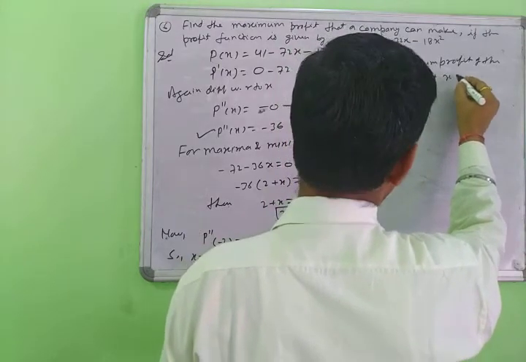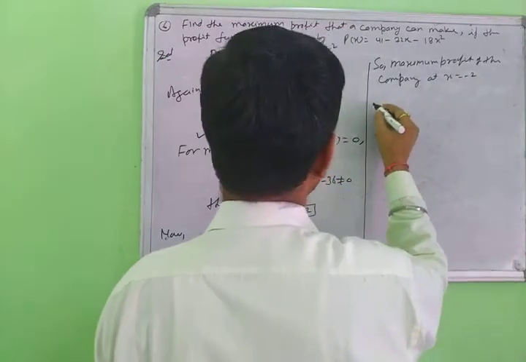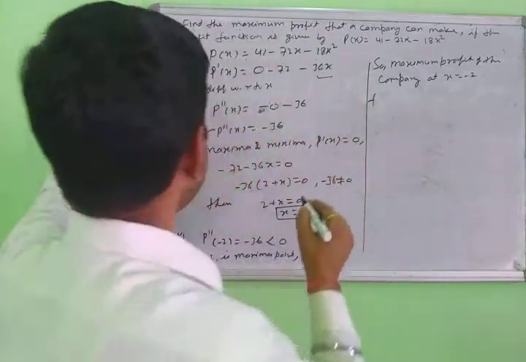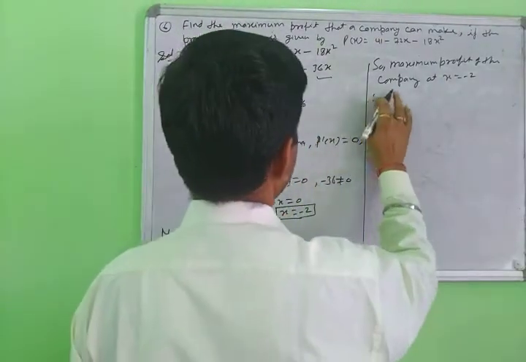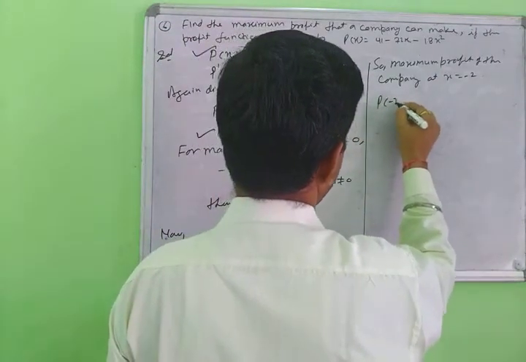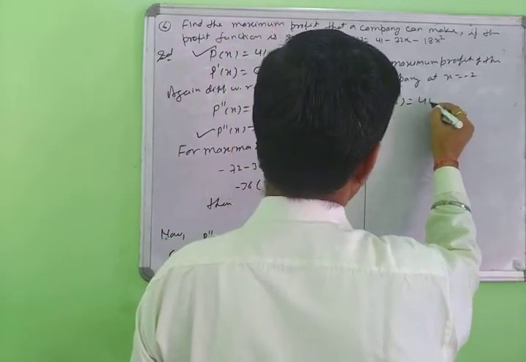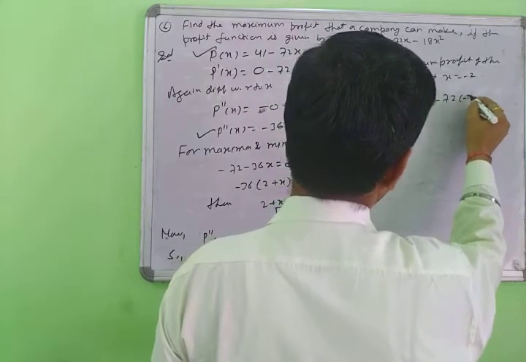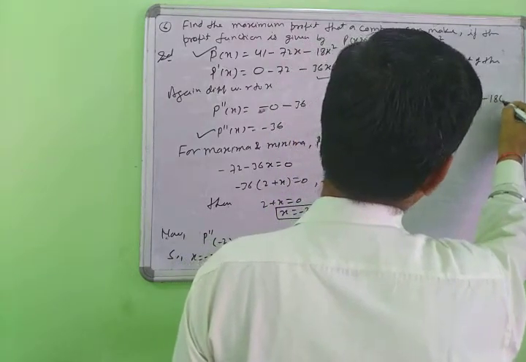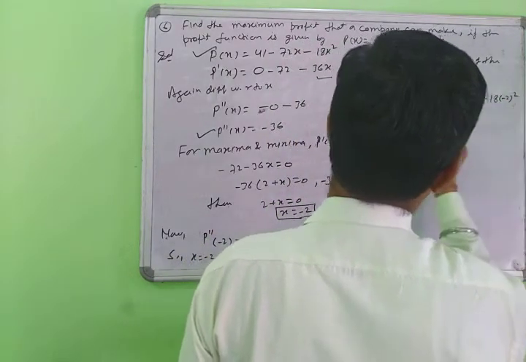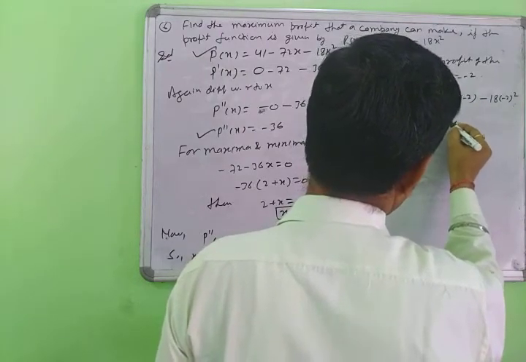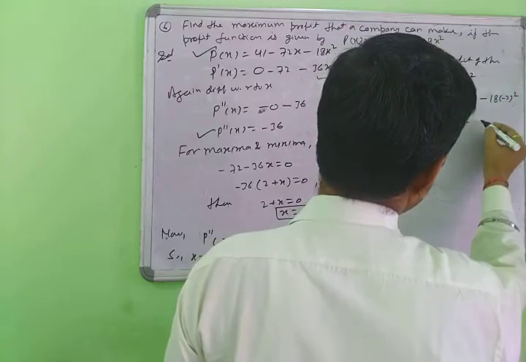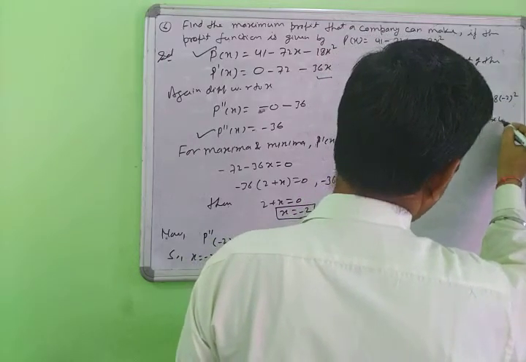Putting the value in the given function, not f but P: P(minus 2) equals 41 minus 72 into minus 18 into minus 2 square, minus 41 same, plus 144, plus 18 into 4.